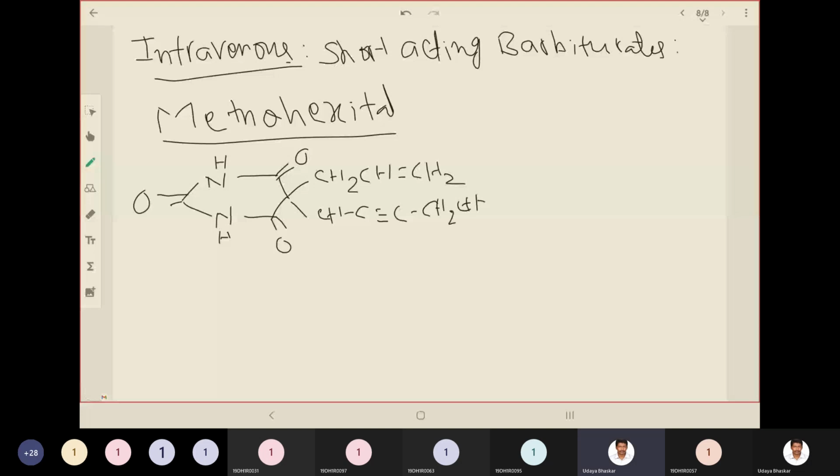Okay. You see the synthesis of methohexital. The starting material for the synthesis of methohexital is diethyl malonate and 3-bromo propene.